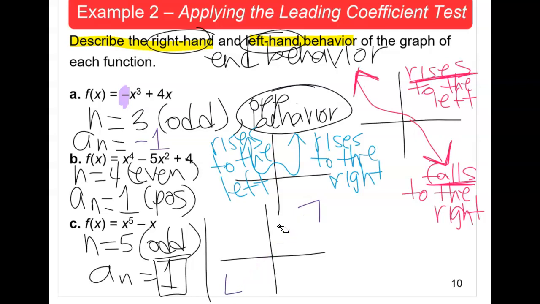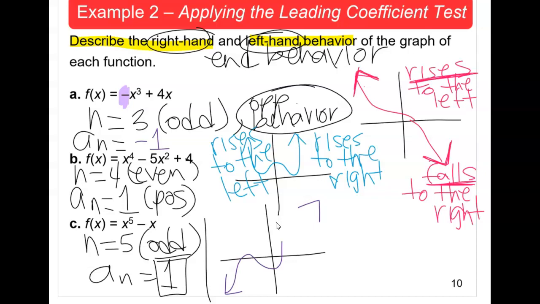So what I'm going to do, and because it's of degree 5, perhaps I might have more turns in between. 1, 2, there we go. Let me see if this is possible. 1, 2, 3. Yeah, I mean, it's possible. Most polynomials of degree 5, they have 4 turns.